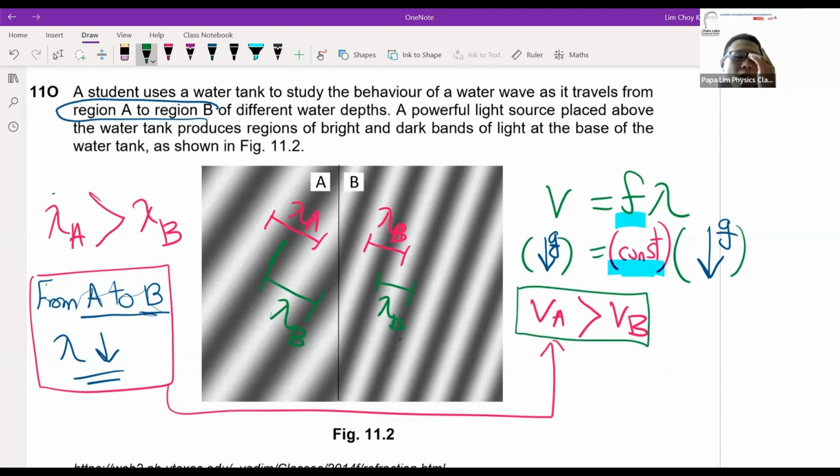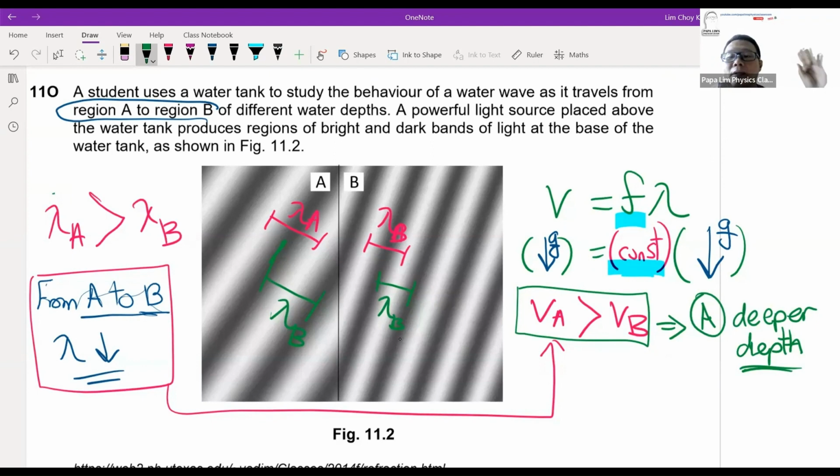It means that the wave is traveling faster in A, and this tells us that A is a region of deeper depth, because only when the wave is at deeper depth is it able to move at a faster pace. The wave is able to spread out and the speed is able to increase.